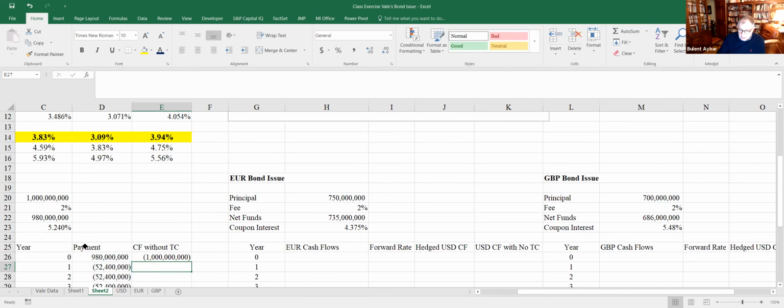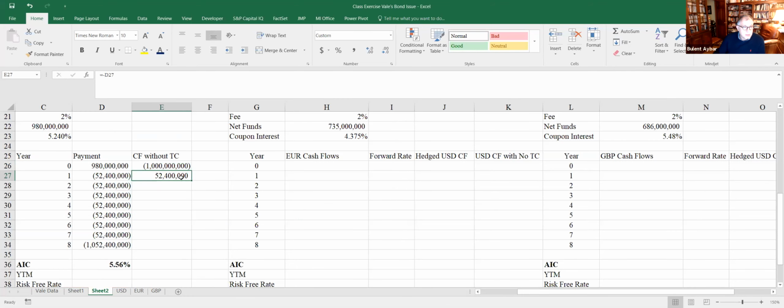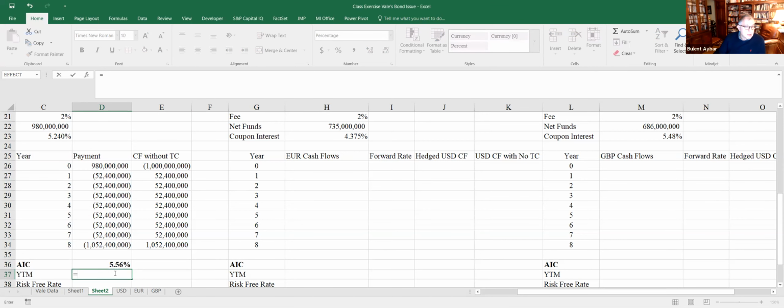And then is going to receive these cash flows. So if you copy all of these in here, these are all the receipts that the bond investors are going to receive. So the yield to maturity of this bond can be calculated as the internal rate of return of this stream.